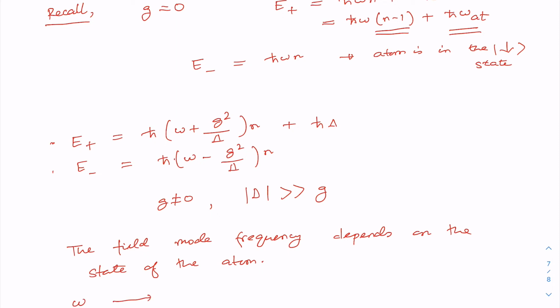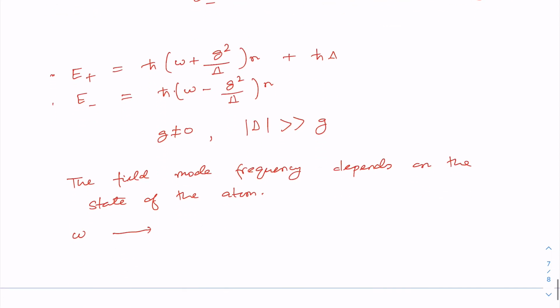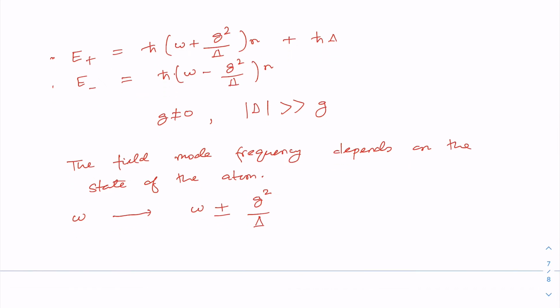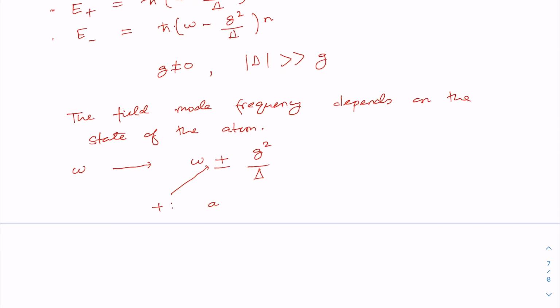Now, because of the coupling and when the detuning is very large, the field frequency becomes omega plus or minus z square by delta. Here the plus sign refers to the atom in the excited state.